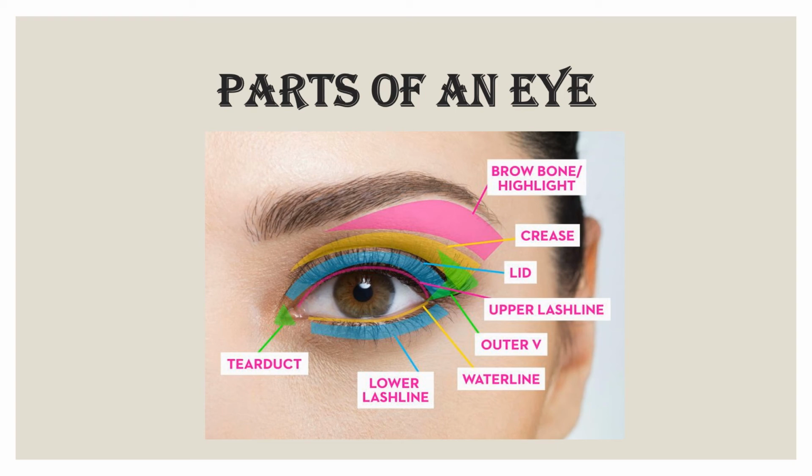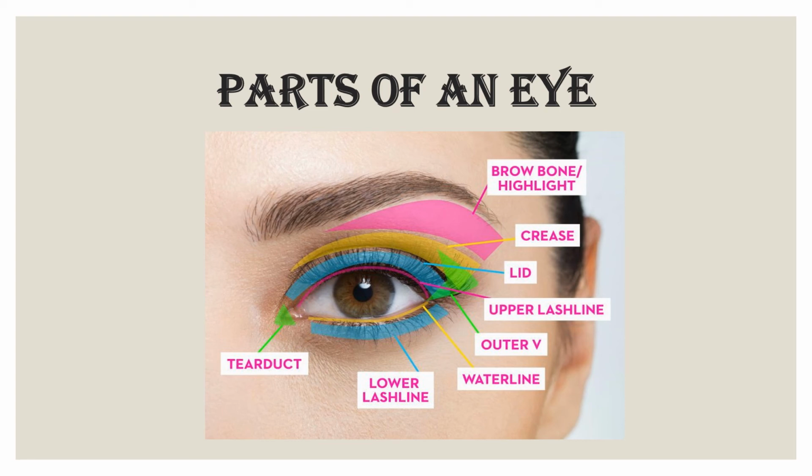Next is a crease. The yellow color you can see is the crease line, we say. Okay. So next is the lid. So eyelids everyone knows. What we do on the eyelid, we apply kajal, eyeliner, everything, right? In the crease line we apply the shadows.